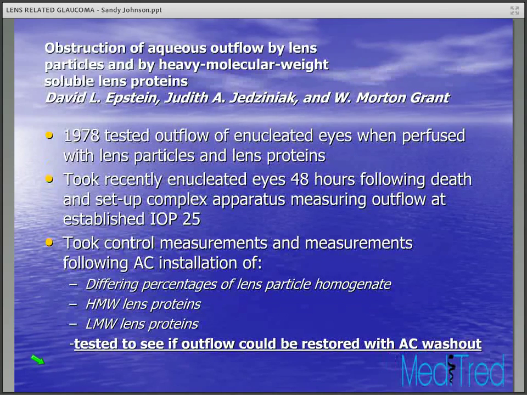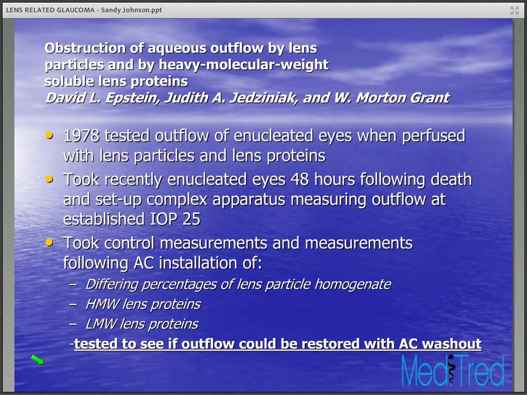Let's back up a little bit and look at some of the research on obstruction of aqueous outflow. This is a study from 1978 from Dave Epstein and his mentor Morton Grant, and they looked at outflow of enucleated eyes when they perfused them with lens particles and lens proteins.